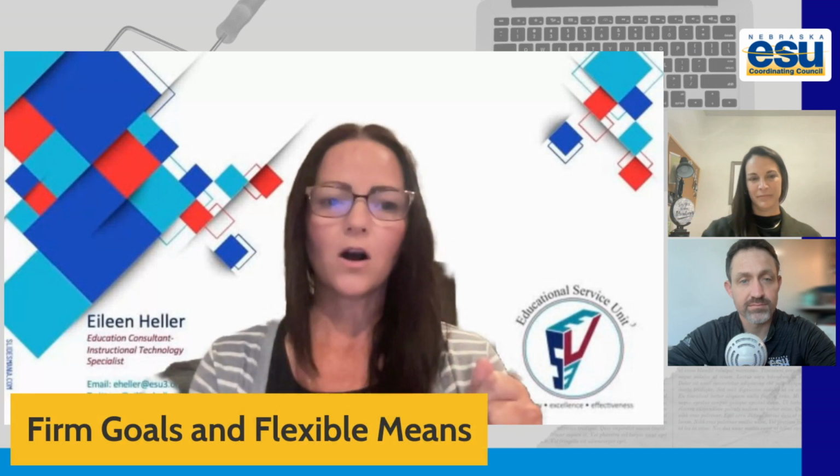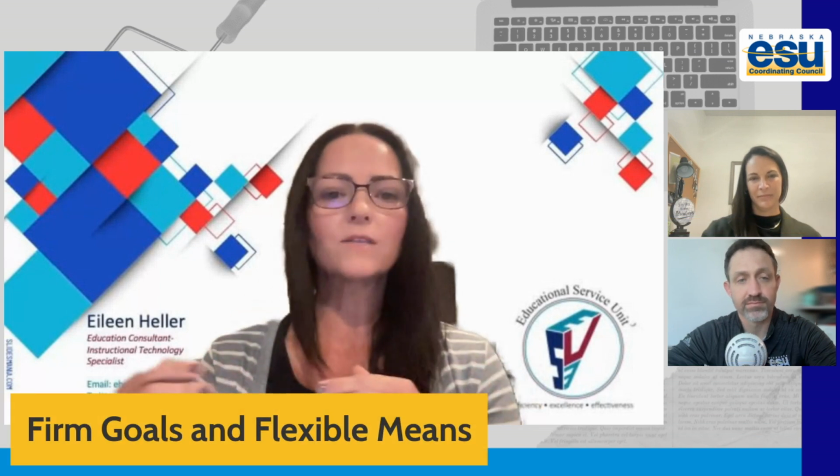But if it's around clear and concise information for a specific audience, that has a lot of flexibility around it. So my firm goal there is I'm going to get the students to really understand that recursive writing process, all those components. But what's flexible is who is their audience?